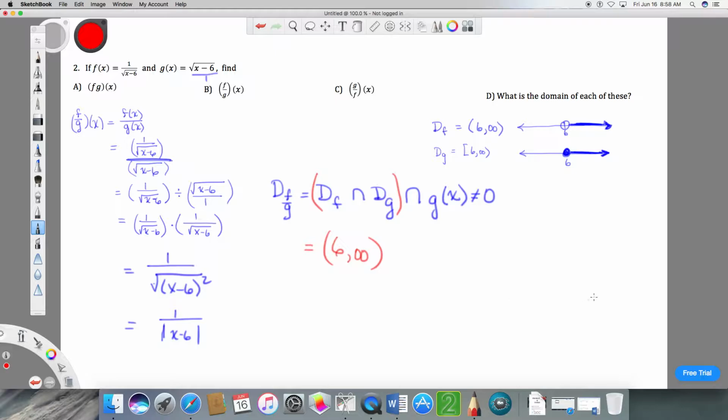So I need to come over and solve, let's do it over here. I need to temporarily let g of x equal 0 and solve this equation. So it's easy to see by inspection that x equal to 6 is a solution to this equation. So we want to throw out 6.